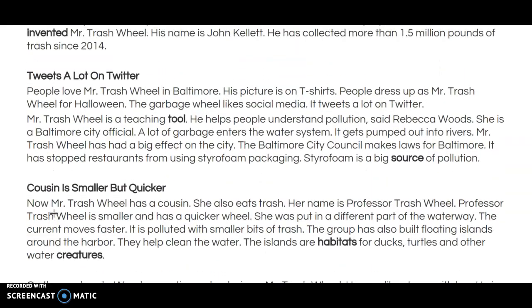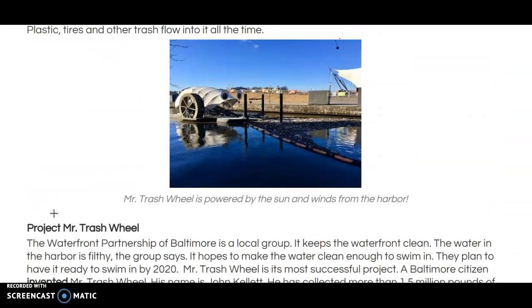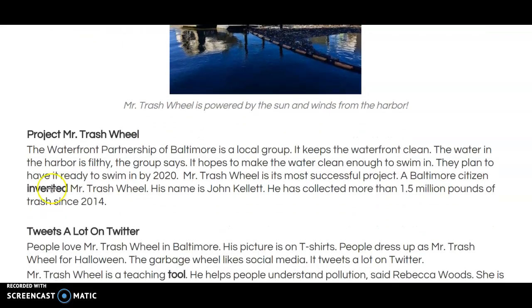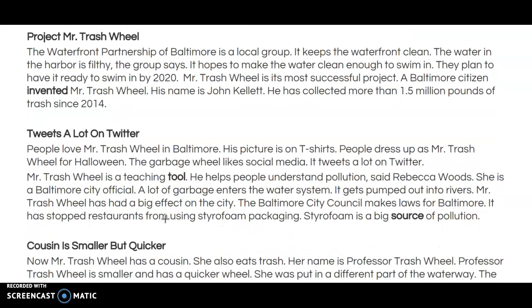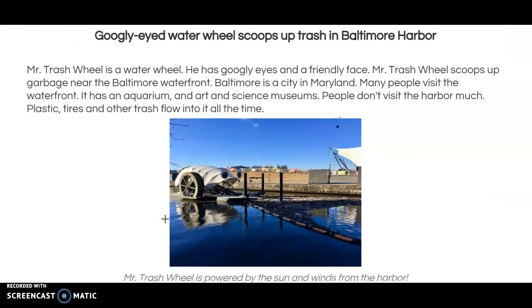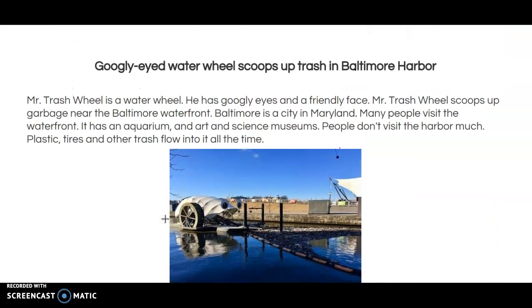So here we see a photograph and it has a caption. We also can scroll down and see that there are bold words. And a lot of this is about facts and they have titles and subtitles. So we can automatically say it's nonfiction and we write that up at the top of our paper.